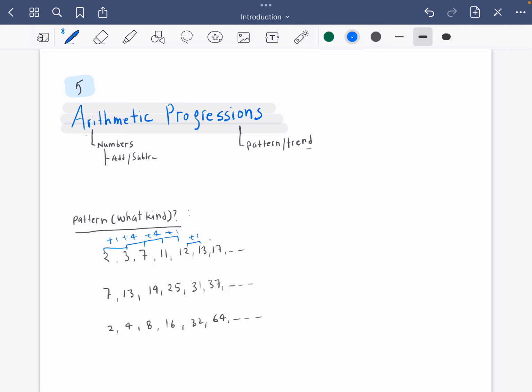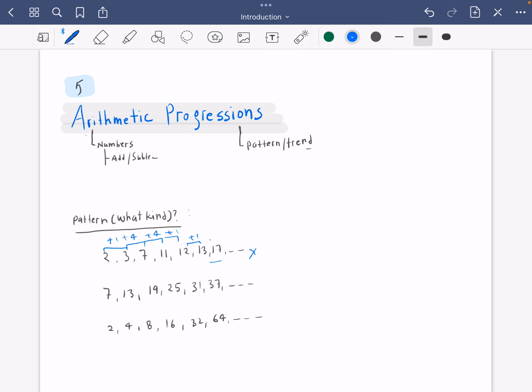So these numbers certainly go up as you move along the series, each number is higher than the previous one, but I don't see a pattern here. It's 1, 4, 4, 1, 1. There is no pattern. So this number series is certainly not a progression.